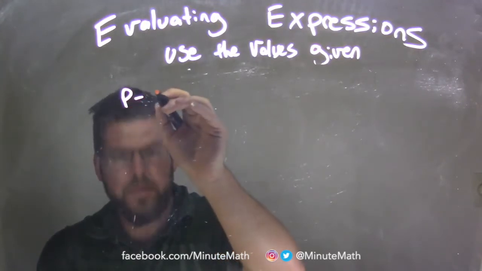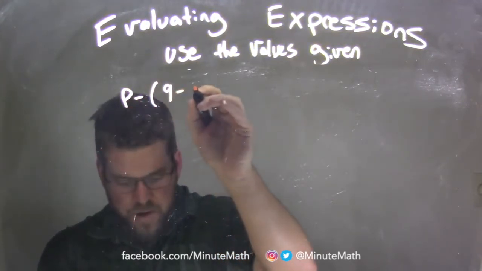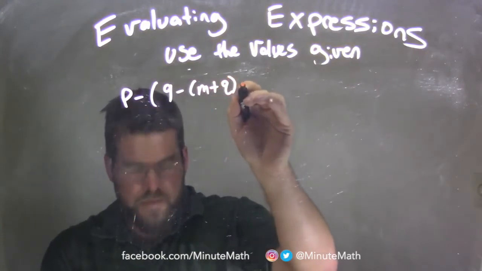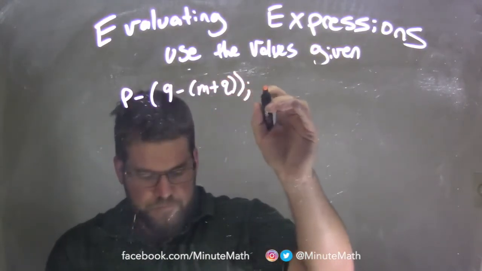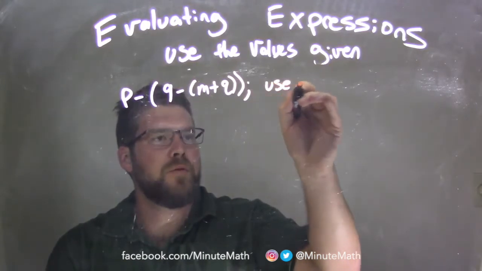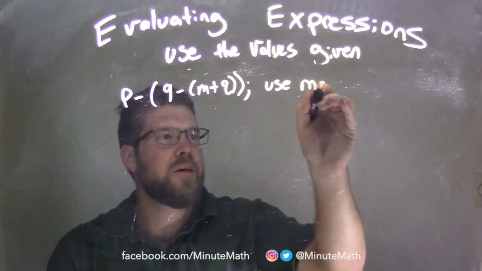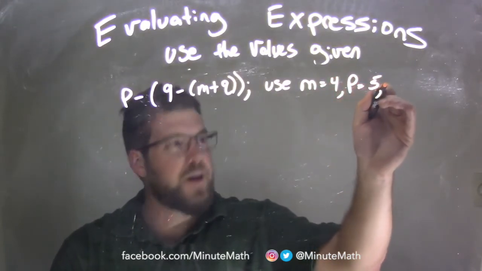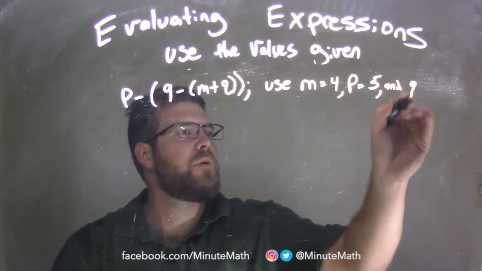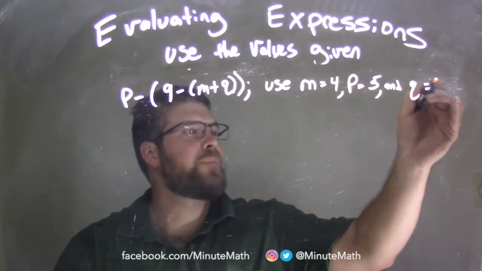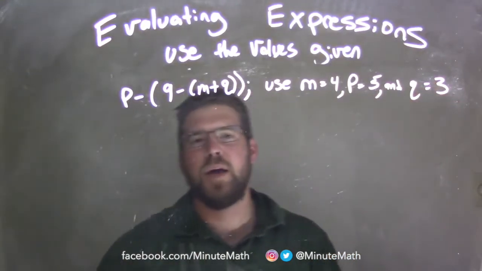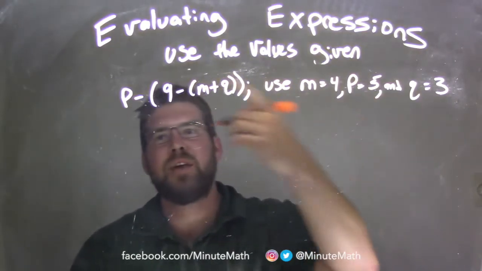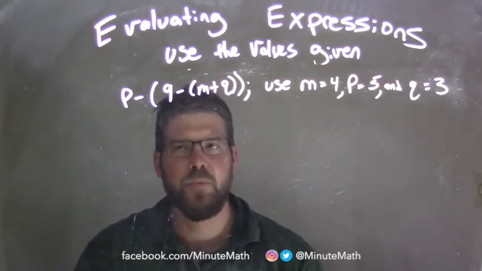P minus 9 minus m plus q. I'm going to use the variables m equals 4, p equals 5, and q equals 3. Okay? So again, we're given this expression. We want to substitute each one of these variables into the corresponding variable there.